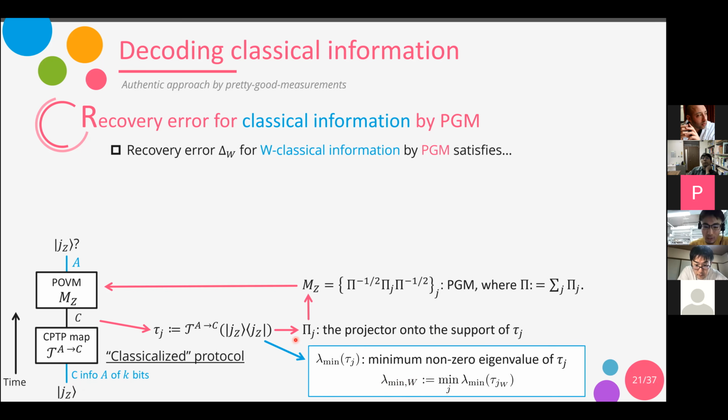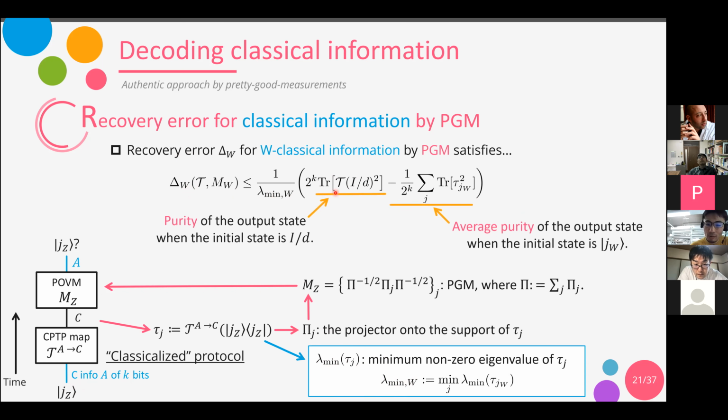And using this notation, we can give you the upper bound of the recovery error for W classical information, which is given by this. So here we have lambda min of W, and we also have two more terms.